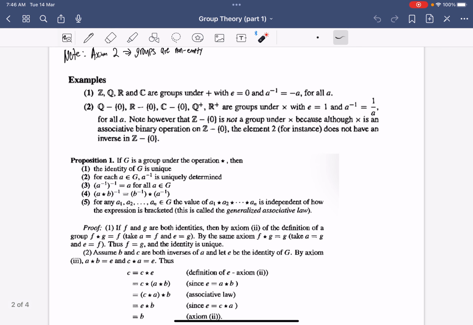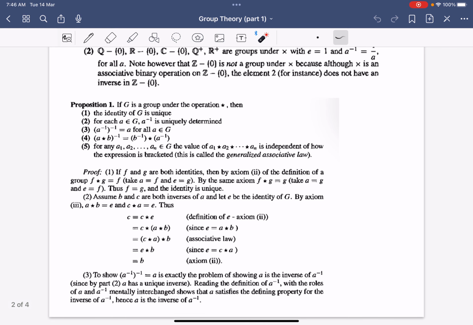And so we have some following properties that we want to prove: the identity is unique, the inverse is unique, the inverse of the inverse of A is still A, and generalized associativity all hold true.